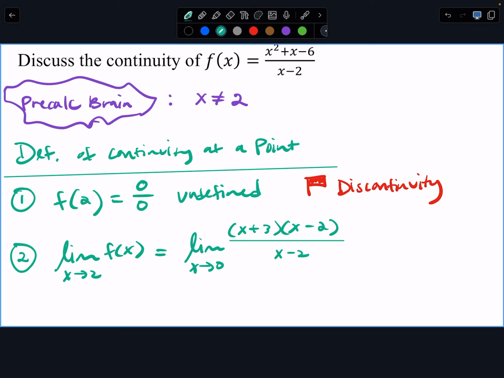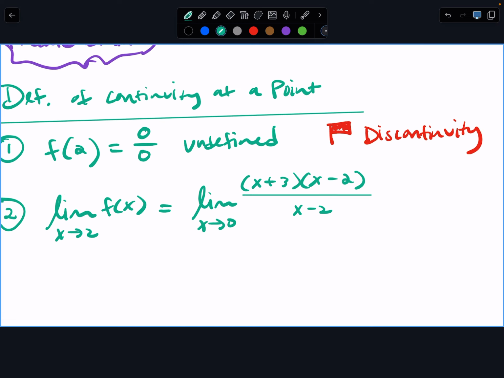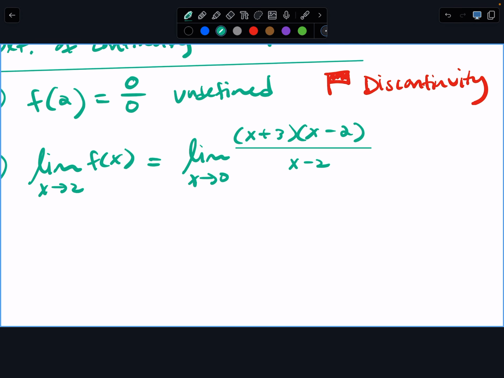And notice that I referenced the function as f of x. That's fine because it's been defined as f of x. I wouldn't just put the limit of the factored version of the rational function, but because I referenced the original function by stating f of x, that's fine. Okay, x minus 2's cancel.